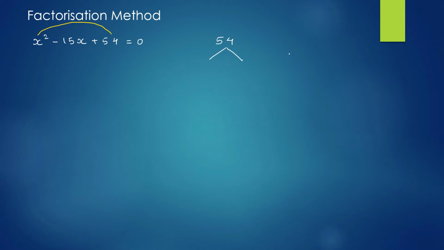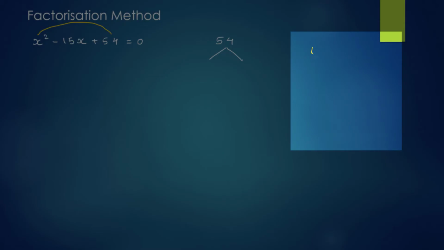Now I already told you to remember one thing: if the last sign is plus, then it's plus and plus, or minus and minus. If the last sign is minus, then it's minus and plus, or plus and minus.